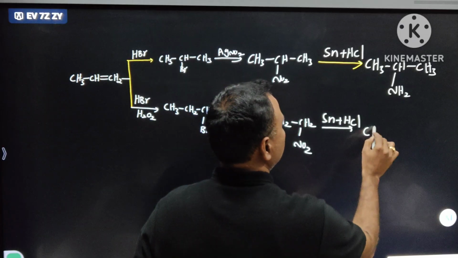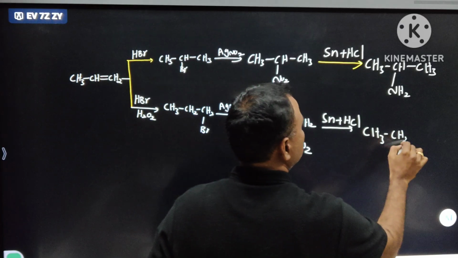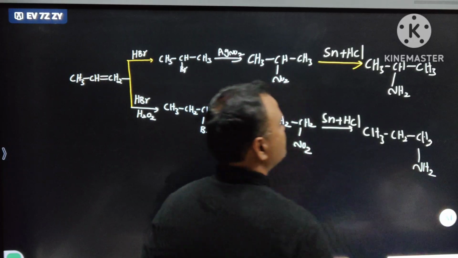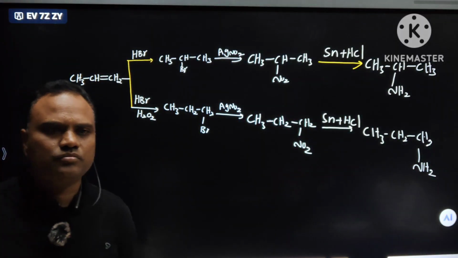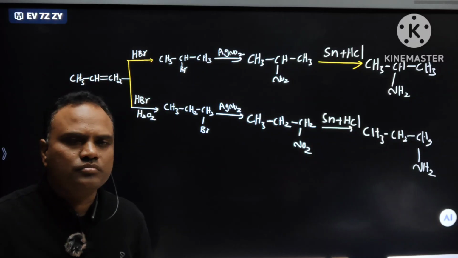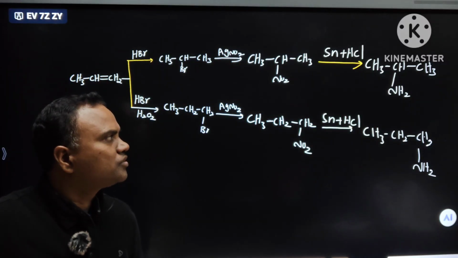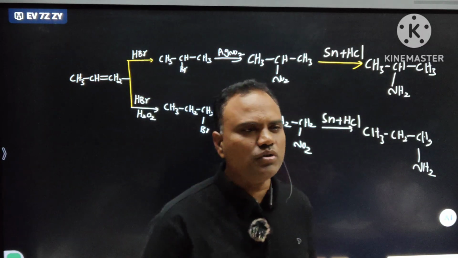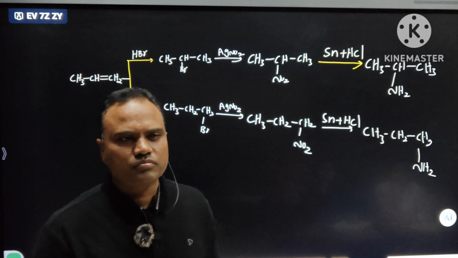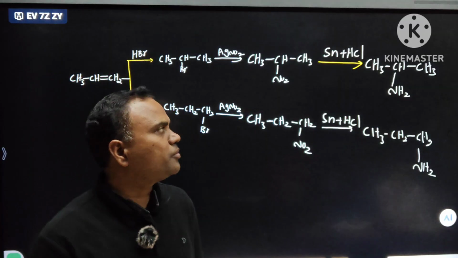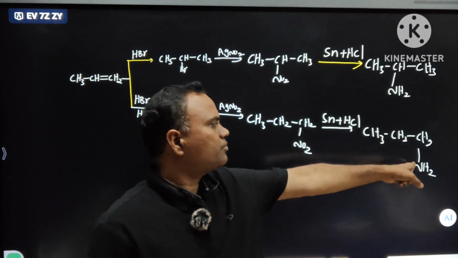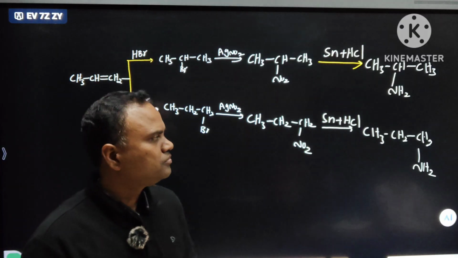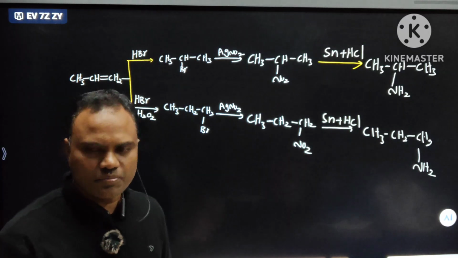Here CH3, CH2, CH2, NH2. What is the relationship between these two? Which type of isomers are these two? Positional. 1-propanamine, 2-propanamine, positional isomers. These are conversion type questions. Clear?